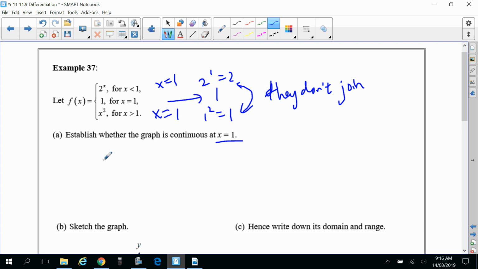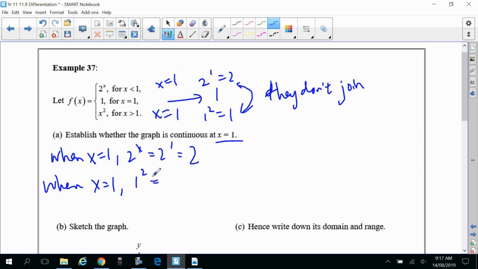Now how do I explain that? You don't have to write an essay about it. All you have to say is, when x is 1, 2 to the power x equals 2. That's the working from the textbook, by the way. You just have to make it clear in the exam why it is or is not continuous. If it's clear, we give you the marks.